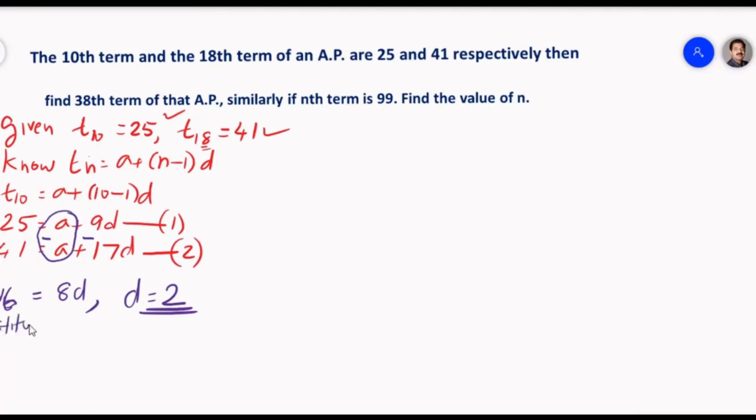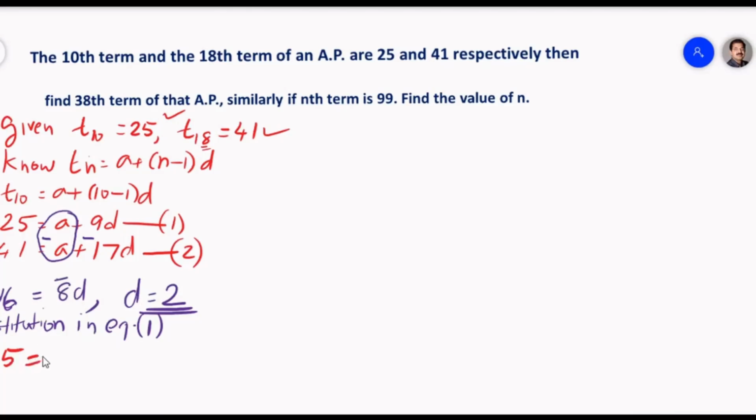Now if you substitute d is equal to 2 in our first equation or second equation, whichever you want, you can substitute. Actually that is 9 minus 17d, so naturally that is negative, and 16 is also negative, so naturally the answer will be positive. I forgot to put that here.